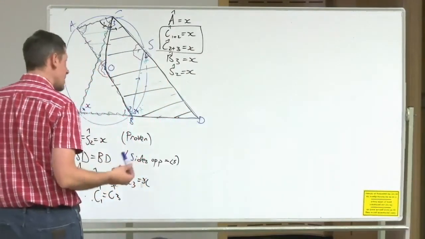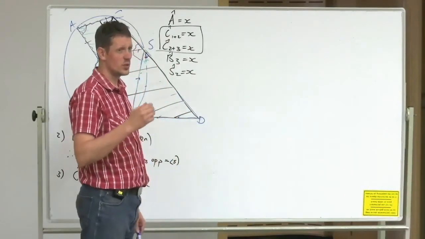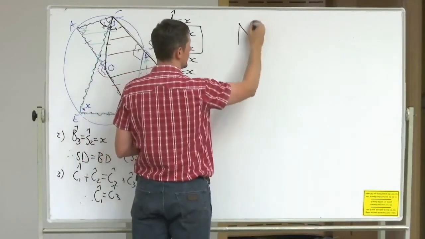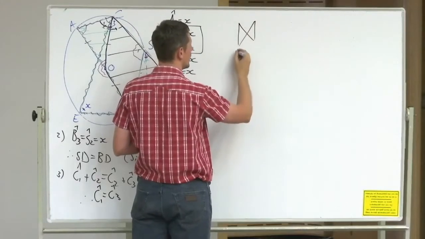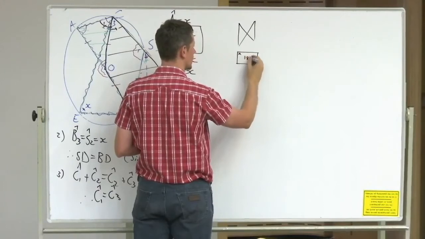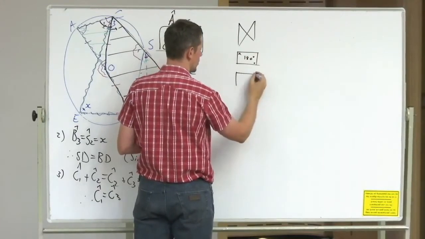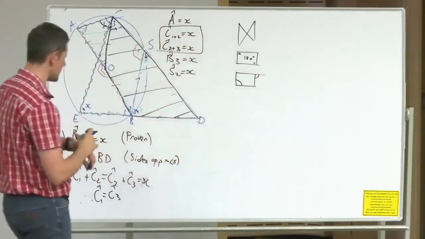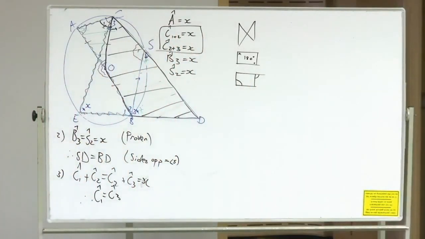Now, remember, there's only 3 ways of proving a cyclic quad. It's either by proving a bow tie, proving that the opposite angles are 180, or that the exterior angle is equal to the interior opposite angle. That's the only 3 ways that you could do it.